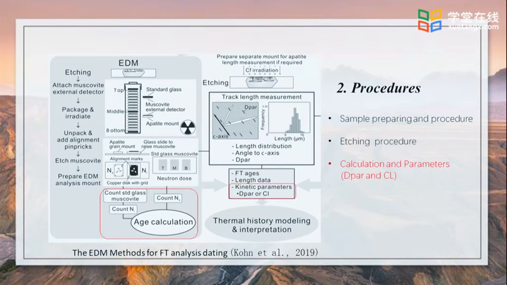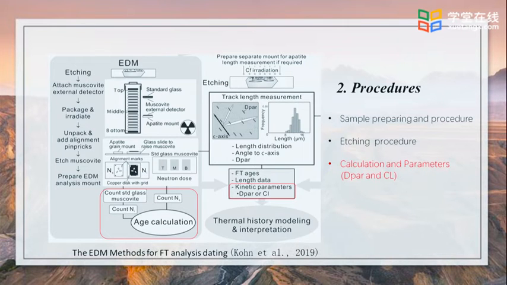On the grain mount, NS means spontaneous fission tracks counted on the grain mount, and NI means induced fission tracks counted on the mica detector. Fission track ages are calculated based on these 2 counts.